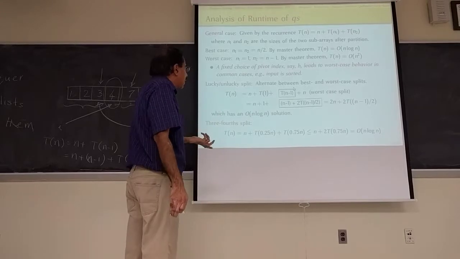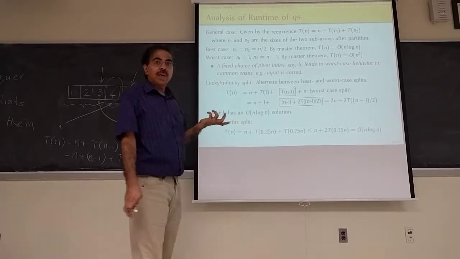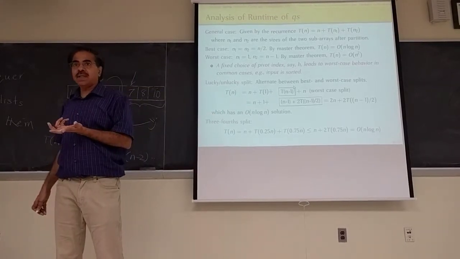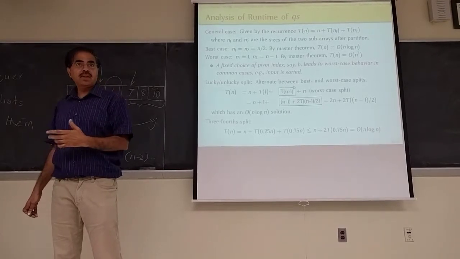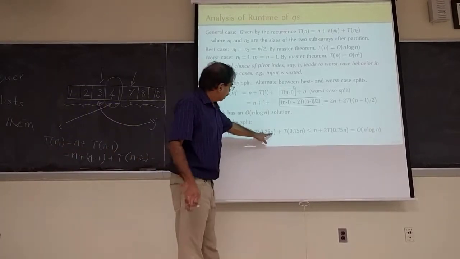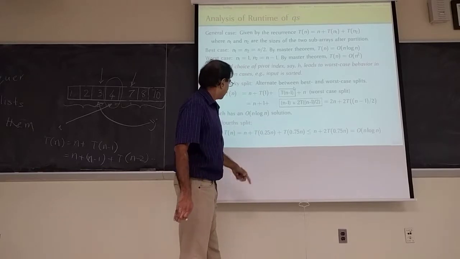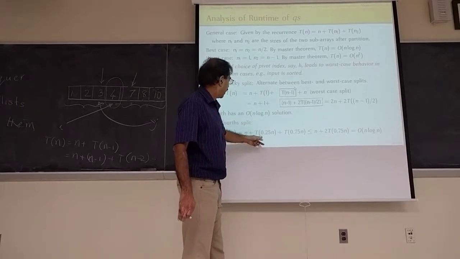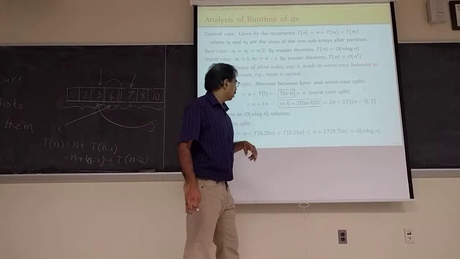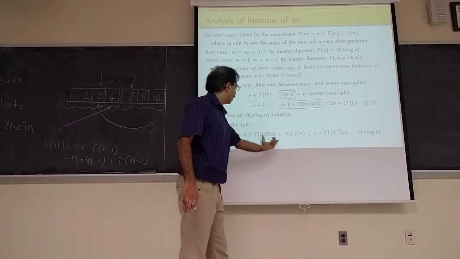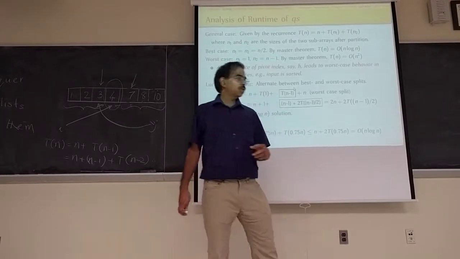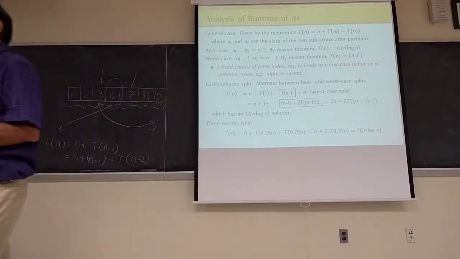One simple way is to say, I only want to establish an upper bound for running time, so I can always approximate. Instead of 0.25n, I can say T of 0.25n is less than or equal to T of 0.75n, so I can combine these two terms into 2T of 0.75n.